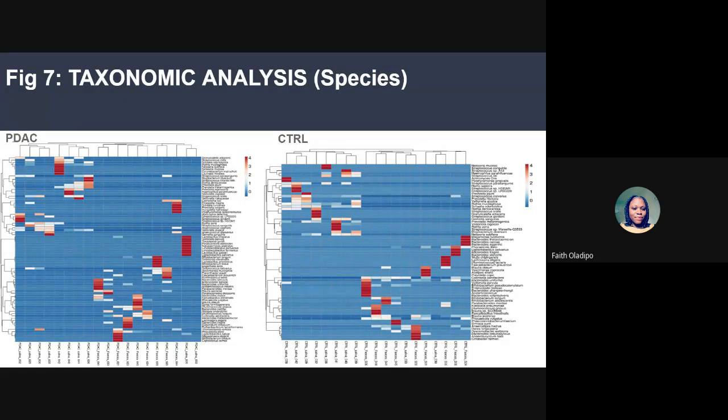From the heat maps, you notice that there are places where the organisms are much more abundant than in the control. So we wanted to check which of the organisms are prevalent in this taxonomic analysis, comparing cancerous and non-cancerous patients.